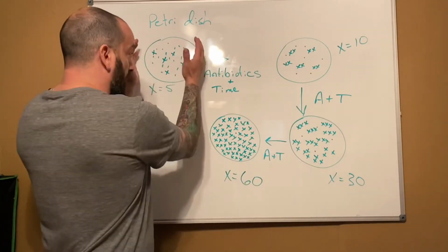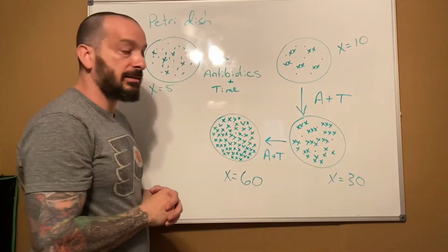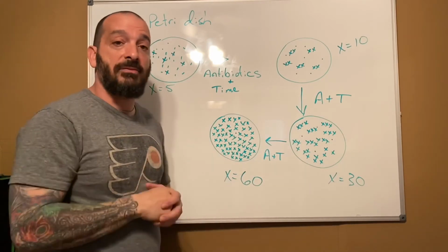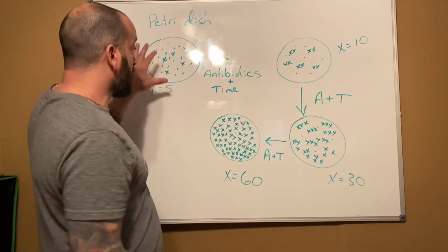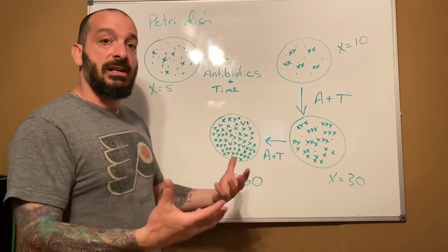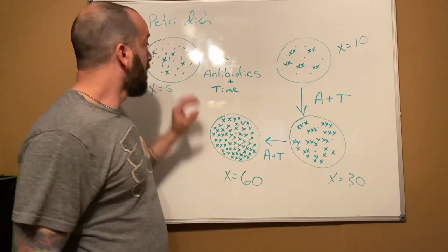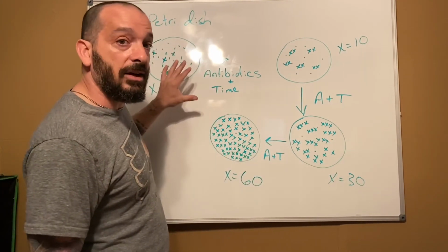We have an environment, and we've changed that environment by adding the antibiotics. We do have some of these bacteria in there that just happen to have this mutation that allows them to be fine in that environment. Because they're fine in that environment, they're going to continue to reproduce. Why wouldn't they? The other ones that can't live in that environment are dying off.